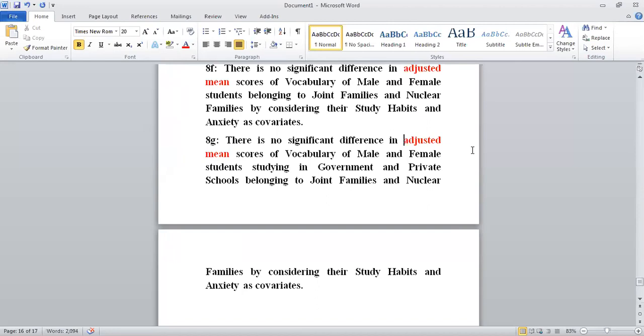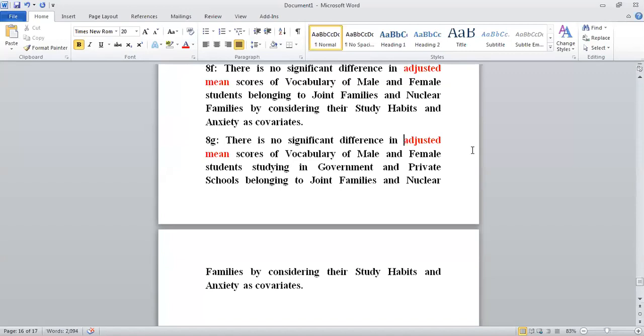Now, in this case, the variables which I have taken, the discontinuous variables, number one was the types of school, next were types of family, and next was gender.